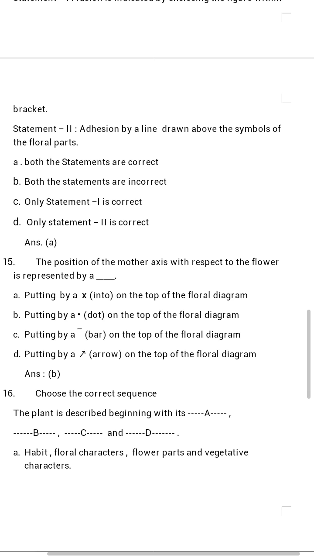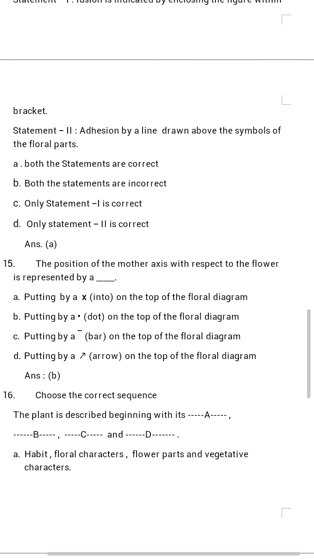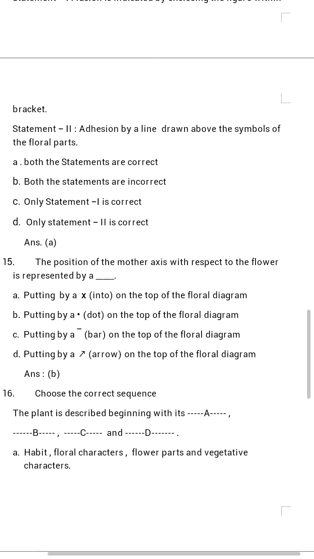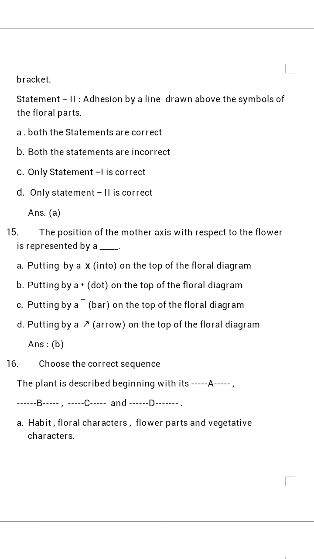This is also a correct statement. Now let us see the options. A. Both the statements are correct. B. Both the statements are incorrect. C. Only statement 1 is correct. D. Only statement 2 is correct. So for this question, the correct option is option A. Both the statements are correct.